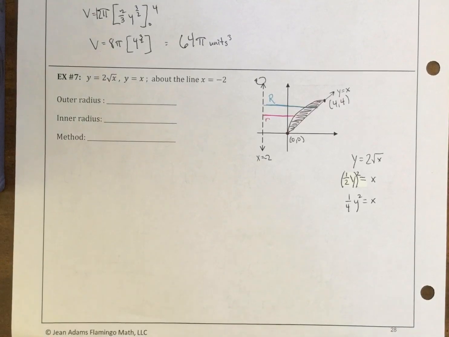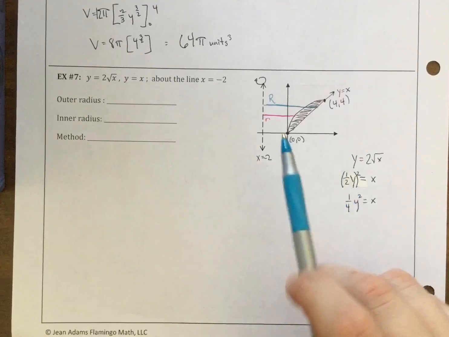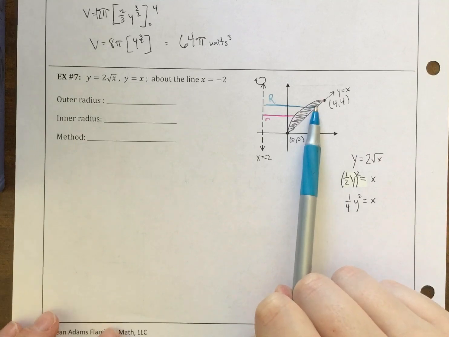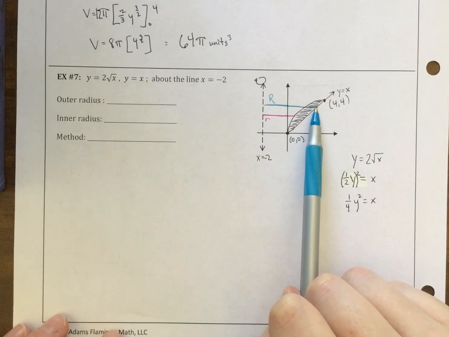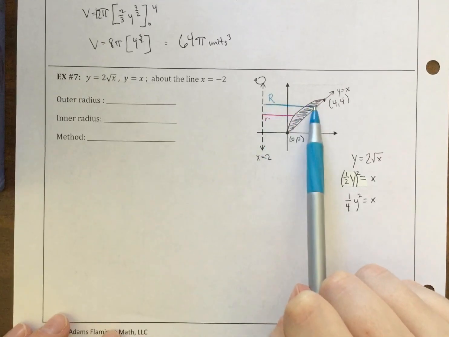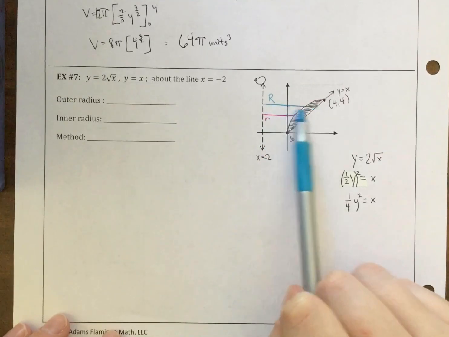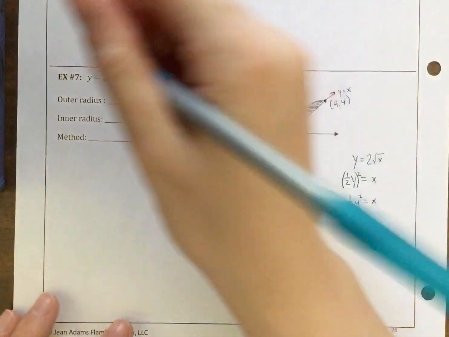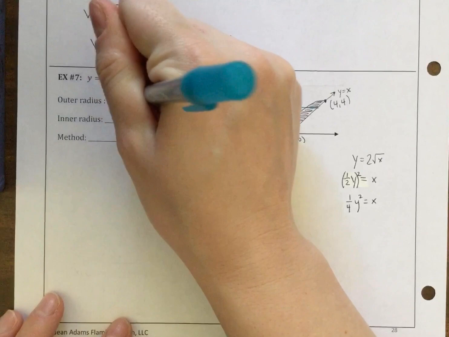All right, well, let's see, our big R is this distance from the function x, or y. It's the distance from y to this line at -2, so it would be this distance here, which would be y plus the 2. So we have the outer radius being y plus 2.